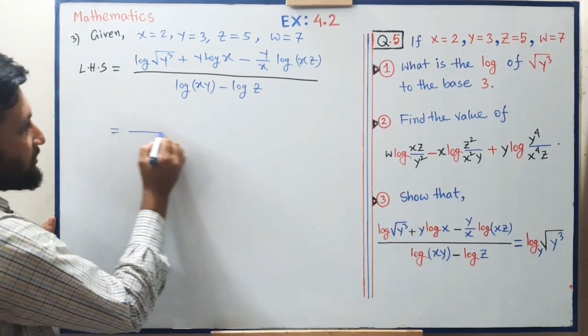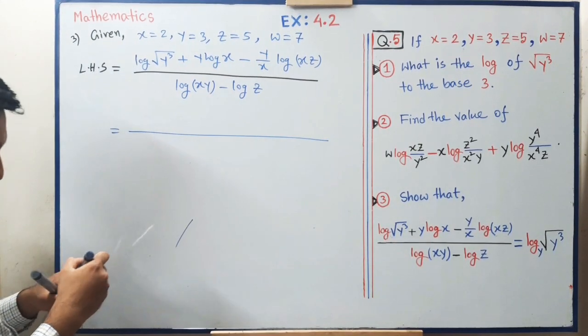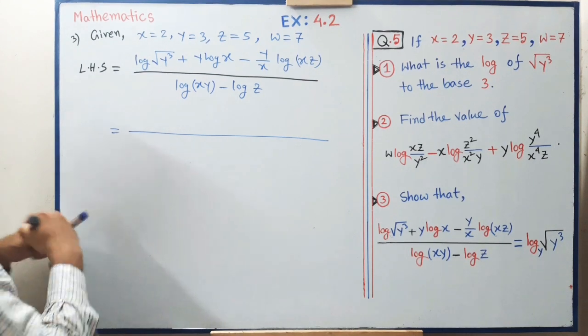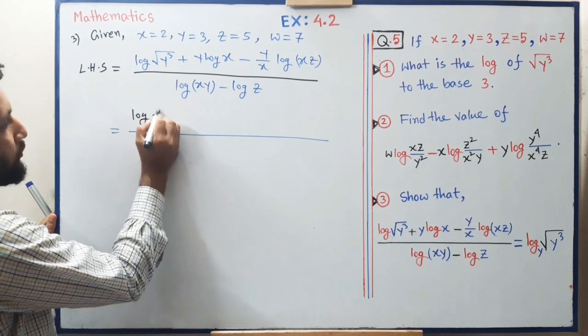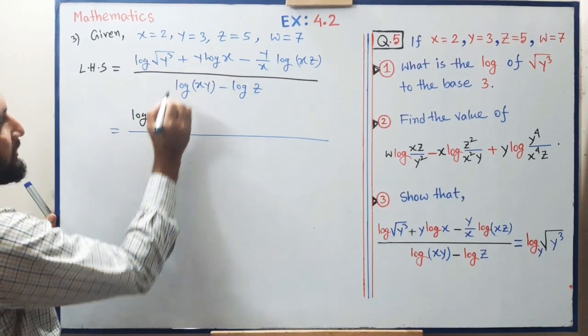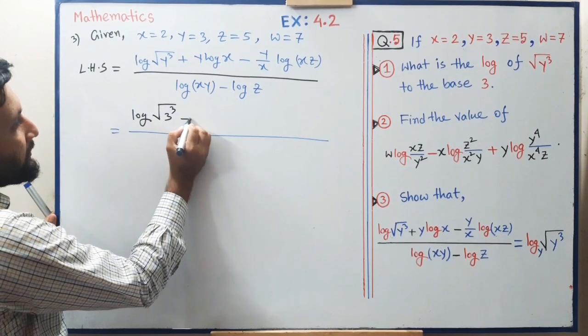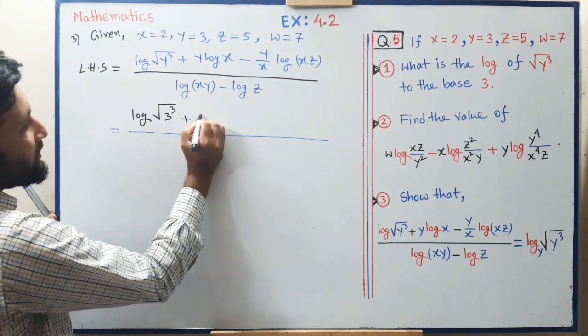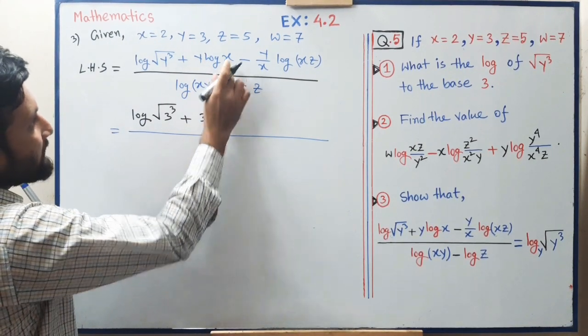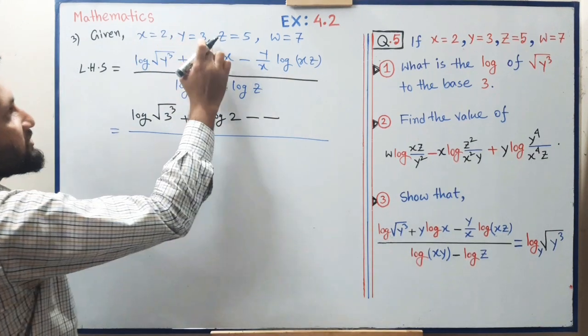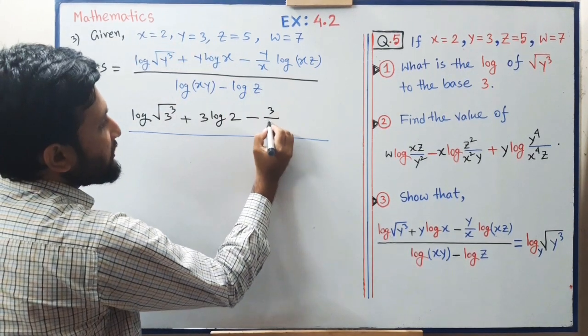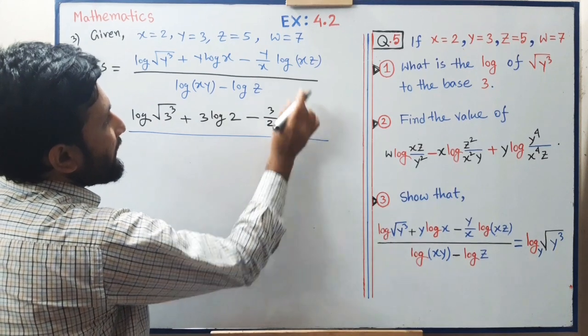So we can write log root y cube. The value of y is 3, that means 3 cube, and then plus y log x, y is 3 and log x is 2, and then minus y by x, that means 3 by 2, log x into z.